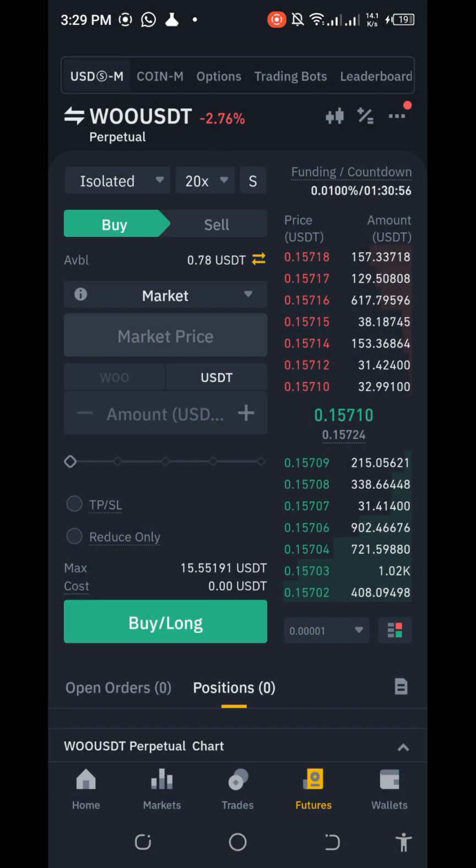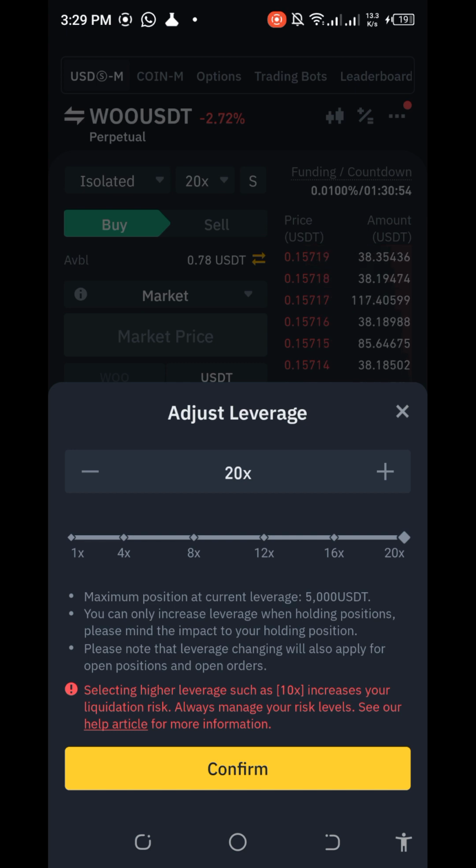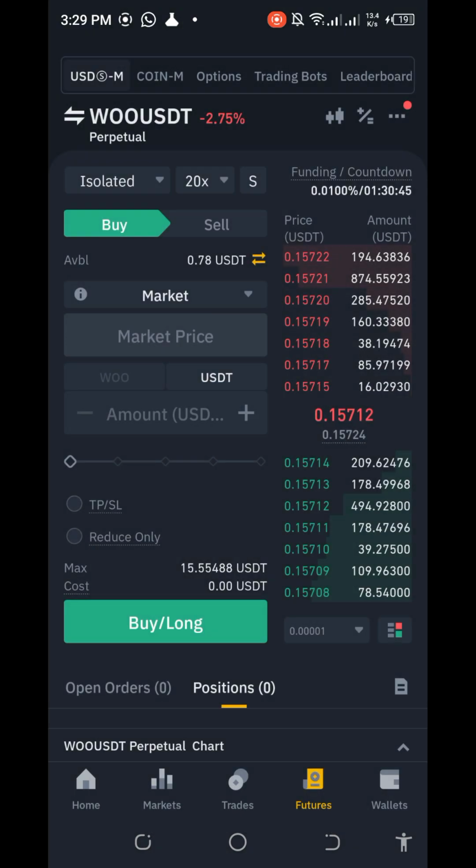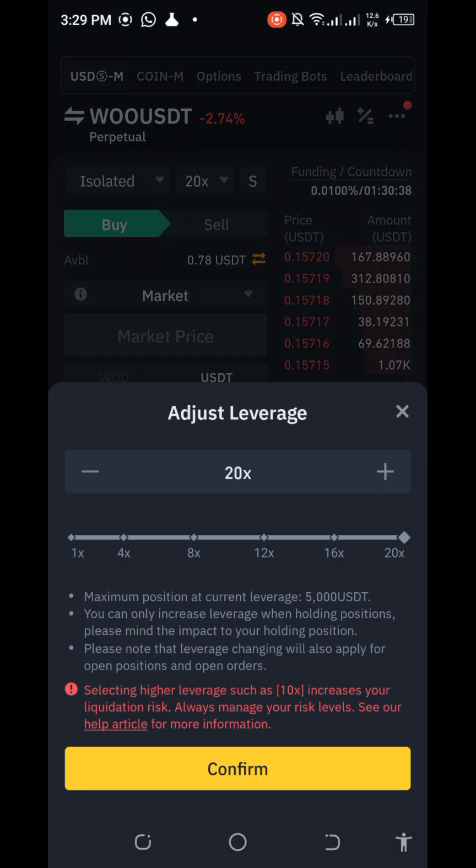Now we are going to leverage. What is leverage? This leverage you are seeing there, I'm going to explain one after the other. Let's say my available balance now is $0.78, and I want to use 4x.